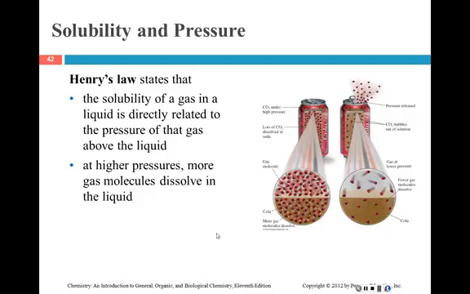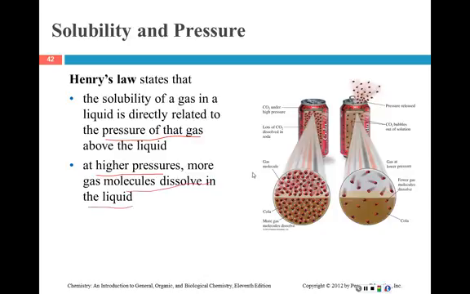Henry's law was a gas law, okay? And what Henry's law states, this is the one about the bursting cans, is what I always think of it as. Henry's law says that the solubility of the gas in a liquid is related to the pressure of that gas above the liquid. At higher pressures, more gas molecules are going to dissolve in the liquid.